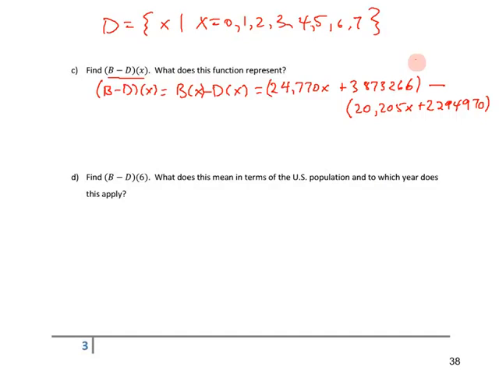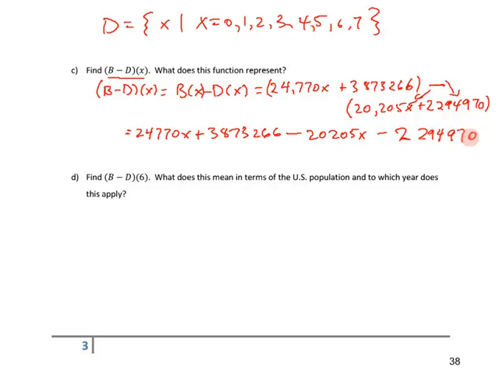Okay, so we now simplify the formula by distributing the minus sign to each of these, right, to here and to here. So that means we'd have 24,770x plus 3,873,266 minus 20,205x minus 2,294,970.